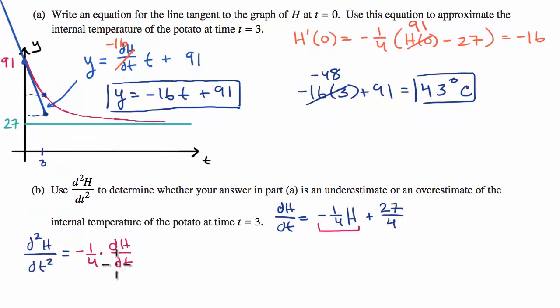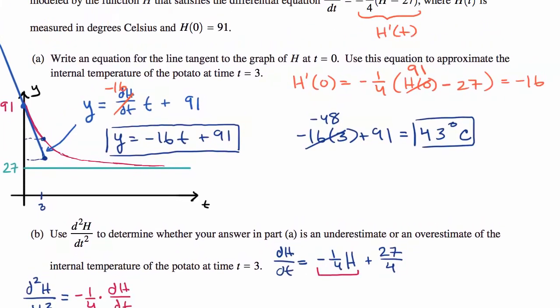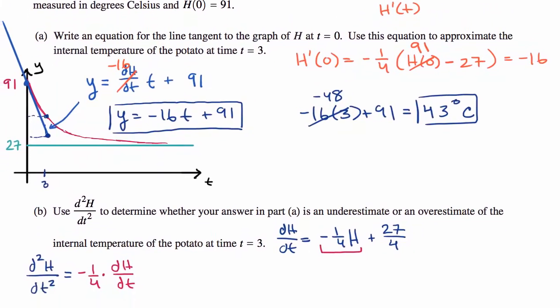And now what does this tell us? Well, we talked about in the previous video that over the interval that we care about, actually, I can show you from this graph. Over the interval that we care about, for t greater than 0, it says that our internal temperature is always going to be greater than 27.